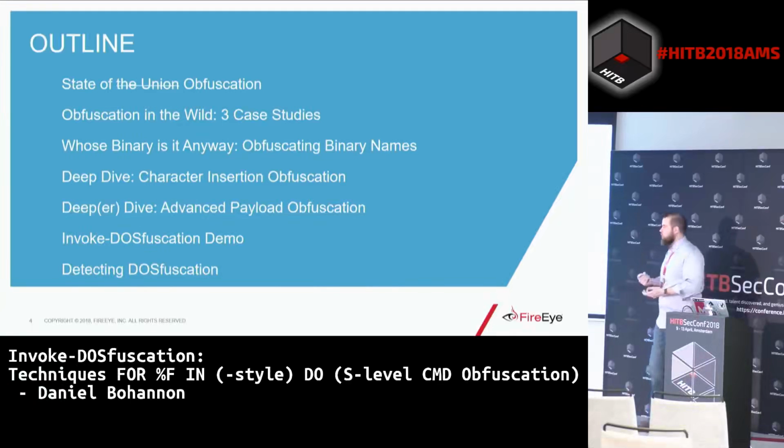Then we're going to look a little bit deeper into what I'm calling character insertion obfuscation: characters you can insert into any command on the command line to try to break rigid detections. Then we're going to combine all those pieces into more advanced payloads, like obfuscation of the entire command. Then we're going to do a demo of Invoke-Obfuscation, and then we'll talk about detecting obfuscation.